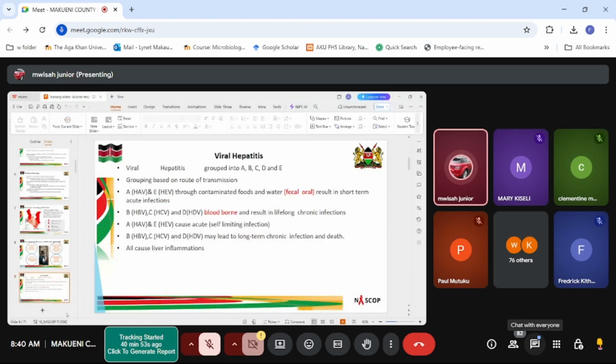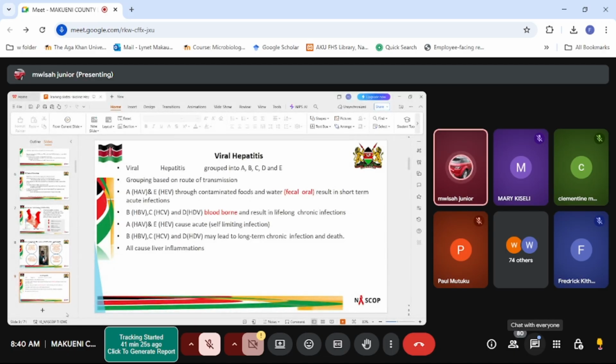Viral hepatitis is grouped into A, B, C, D, and E. The grouping is based on route of transmission, whereby hepatitis A and E are transmitted through contaminated food and water, that is the fecal-oral route, and result in short-term acute infections. Then hepatitis B, C, and D are bloodborne and result in lifelong chronic infections.